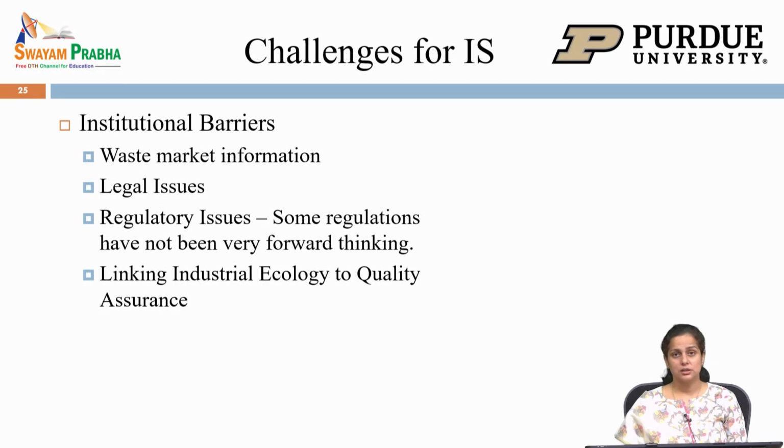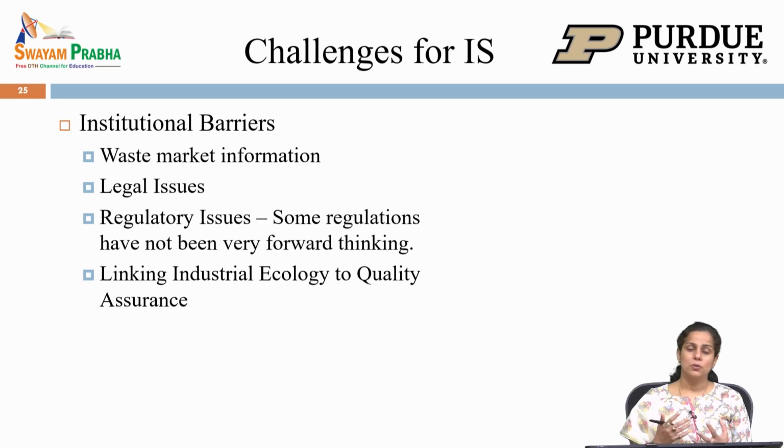There are of course legal issues because different countries have different rules and regulations. A lot of times if the waste quality is not really good, it's going to bring in additional toxicity into product formulation, that may be a complete no-no. So, understanding of the legal issues is another barrier. We have regulations, but a lot of the regulatory things have not been very forward thinking in understanding the adaptability.